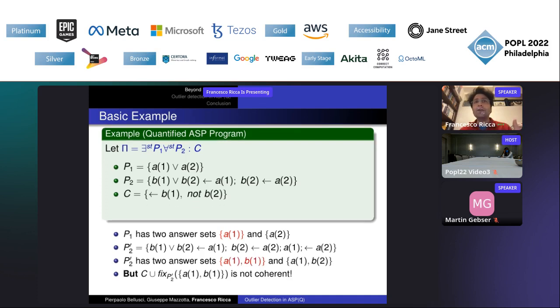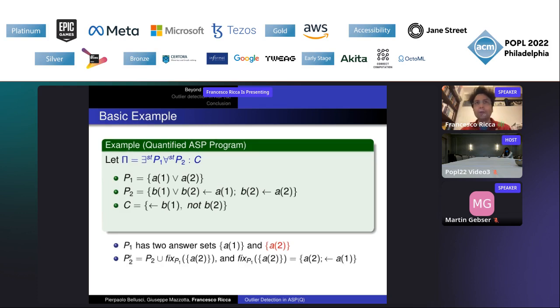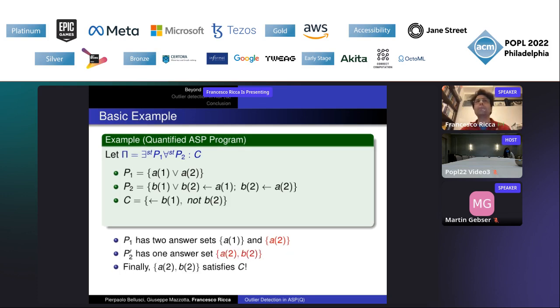Then when we add constraint C, we notice that this is not satisfied, so we come back and we try A2. So now let's check whether with A2, together with program P2, we get an answer set that is actually satisfied by the constraint. So it's easy to read. There exists a stable model of P1 such that for all stable models of P2, C is satisfied.